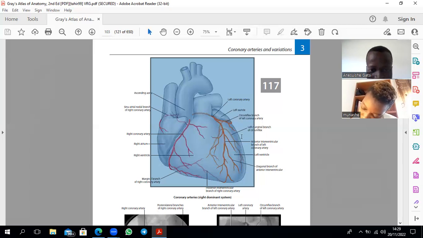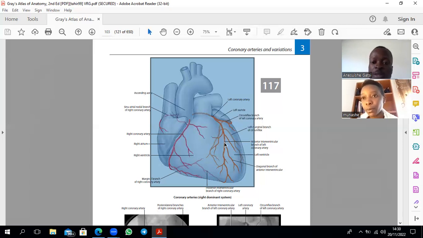Maybe the last thing I would want you to know about this. Remember I was saying these arteries anastomose. This anterior interventricular artery, which comes from the left coronary, can you see it's going to the apex of the heart in this region? In a certain population, it ends there. In another population, it will go down on the inferior surface of the heart to join the posterior interventricular.